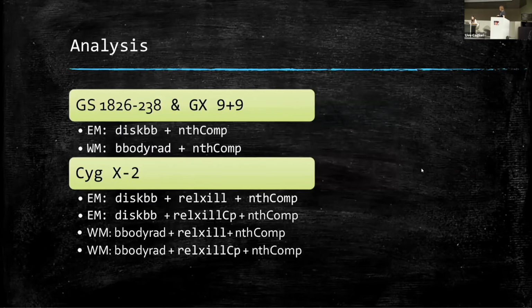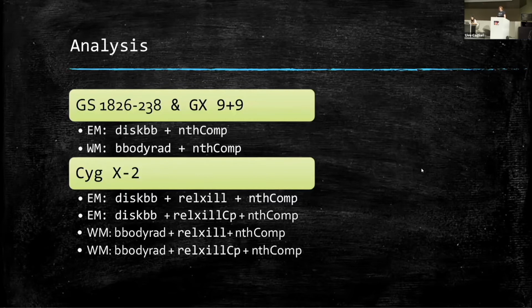So for these two sources, GS 1826 and GX 9+1, we just used a very simple model with a black body, depending on whether we have a shell or a slab corona, and then we used a Comptonized component.